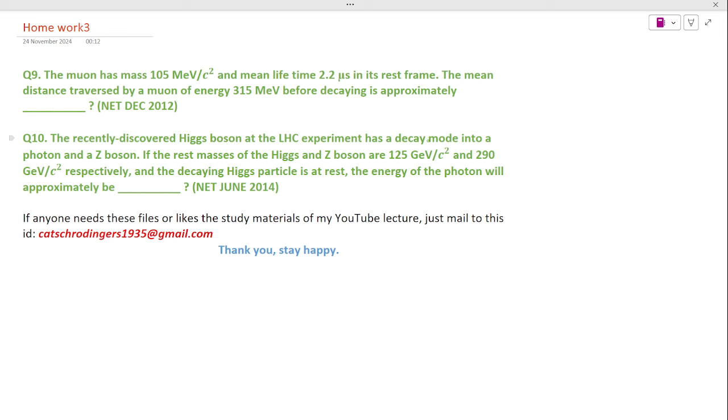The rest masses of the Higgs boson and Z boson are 125 and 90 giga electron volt per c square respectively, and the decaying Higgs particle is at rest, so the energy of the photon will approximately be dashed. So pause this video and take a screenshot.